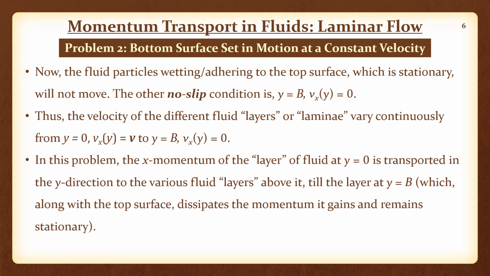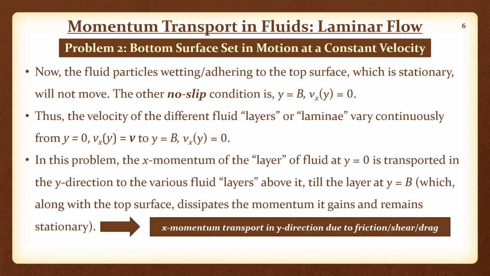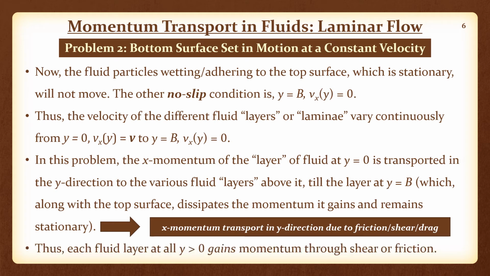So we once again see that there is the x momentum of each fluid particle at any given layer of y, and that x momentum is gradually transmitted in the y direction. So, x momentum transport in the y direction is due to friction, or shear, or drag. Thus, each fluid layer at all values of y greater than 0 gains momentum through shear or friction.